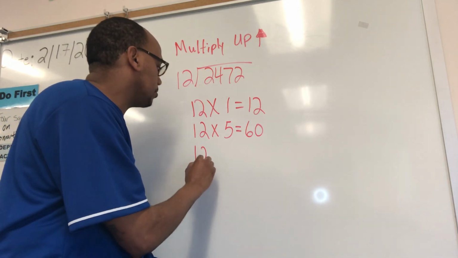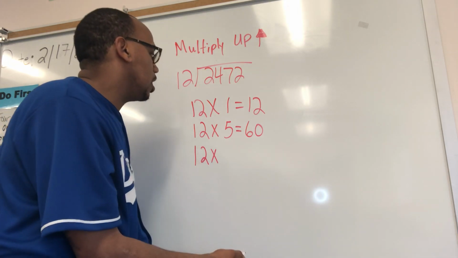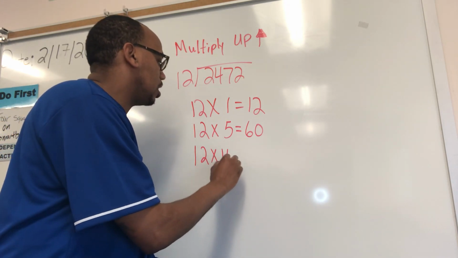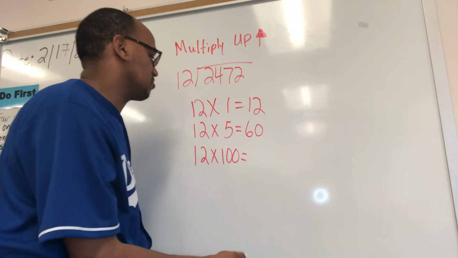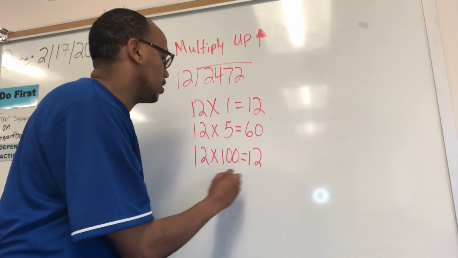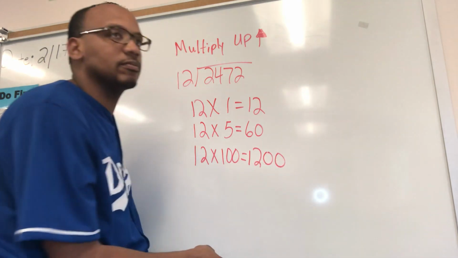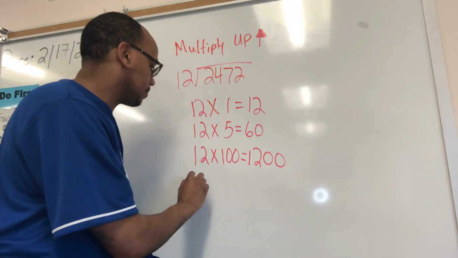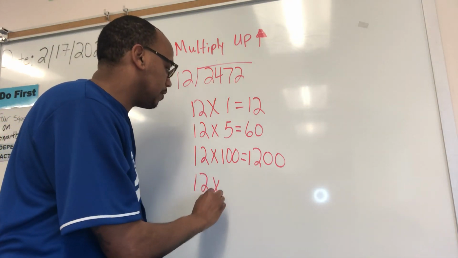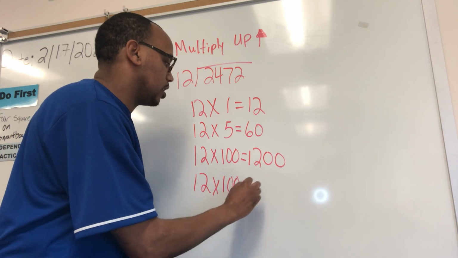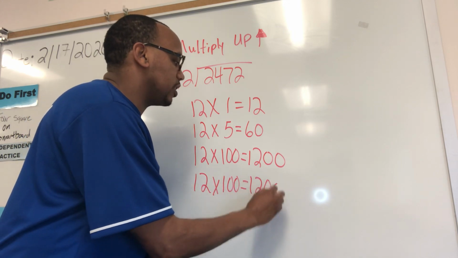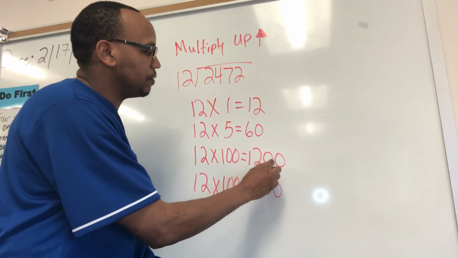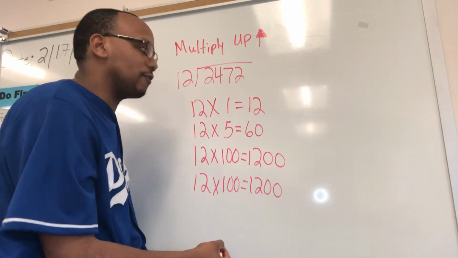I'm not that good, but I do know that 12 times 100 is just 12 with 2 zeros behind it. And if I do it again, 12 times another 100, that's 1,200. I know if I put those two together, 1,200 plus 1,200, that's 2,400.